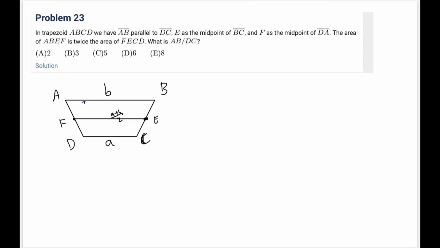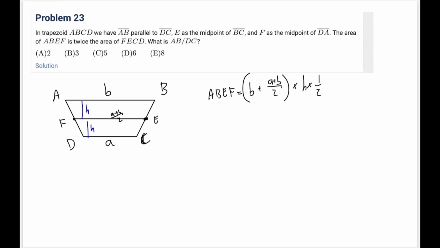These two heights would obviously be the same, so let's say this is H, this is H. The area of ABEF would be B plus A plus B over 2, times H times 1 over 2.